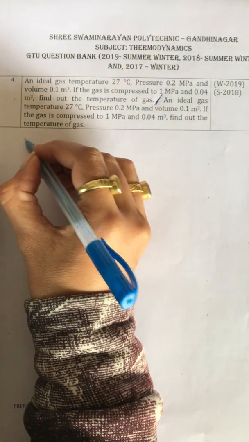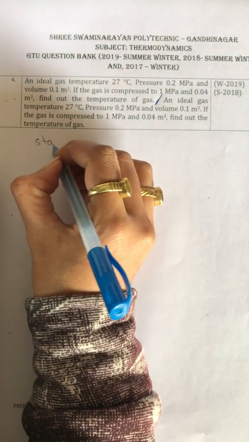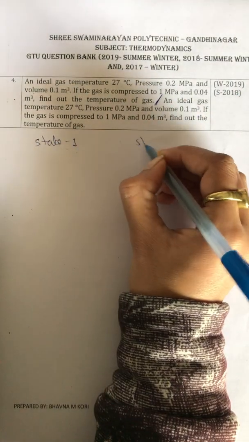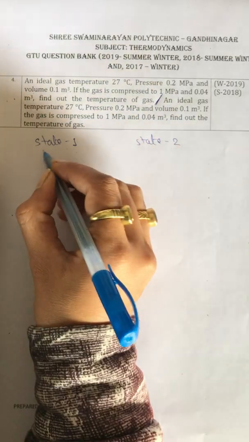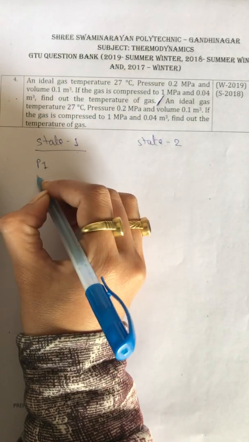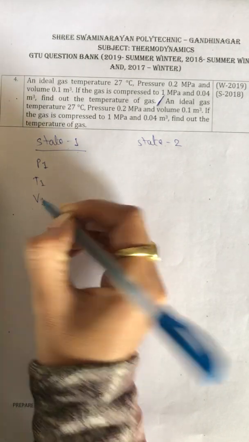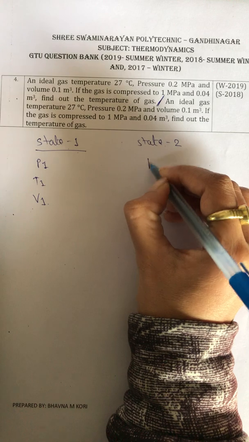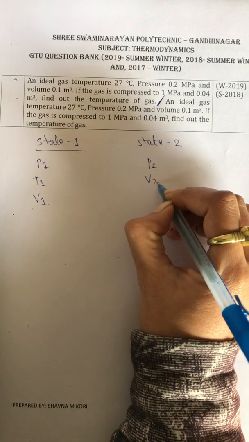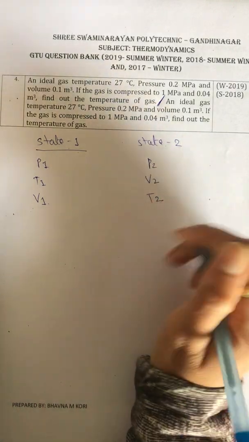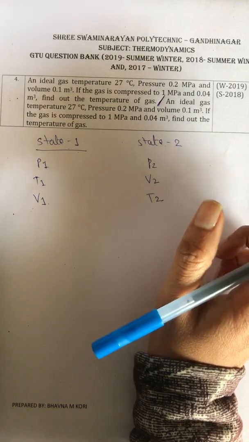Okay. Here we will write state 1 and state 2. For state 1, the values of P1, T1 and V1 are given, as well as for state 2, P2, V2 and T2. All these values are given. You have to find one value.